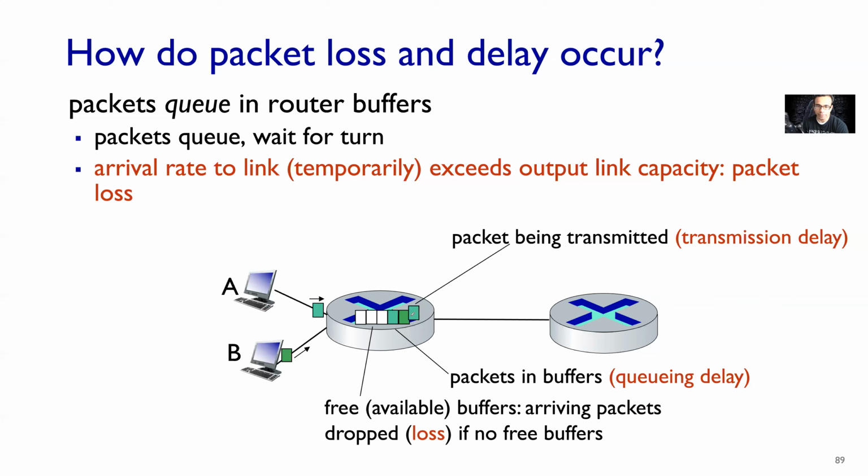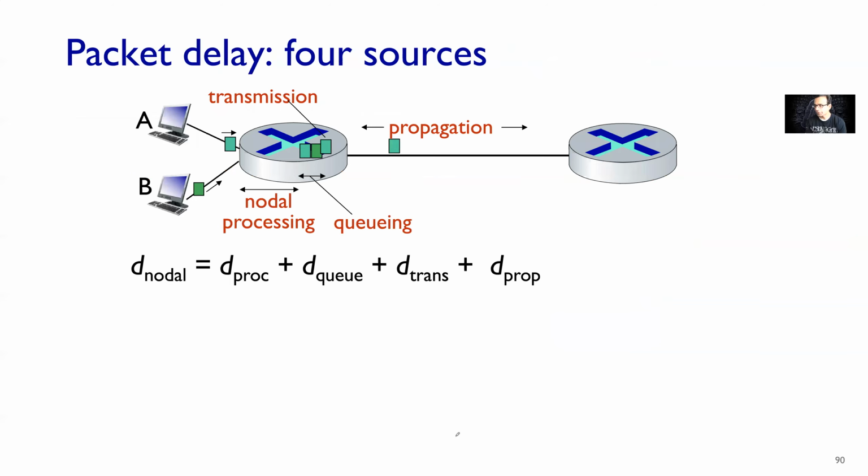Of course, when the packet queue gets full, so imagine all of this turns green, then any further packets coming in cannot be accommodated and those do get lost, right? And then of course, the issue becomes what happens when packets get lost, and we'll look at that a little later. So let's first focus on the actual delays and the various types of delays at an individual packet switch.